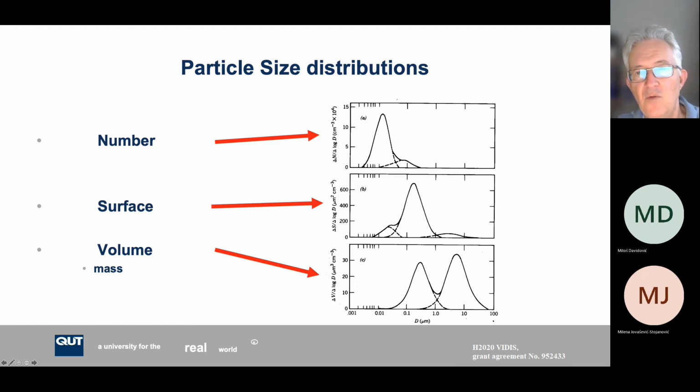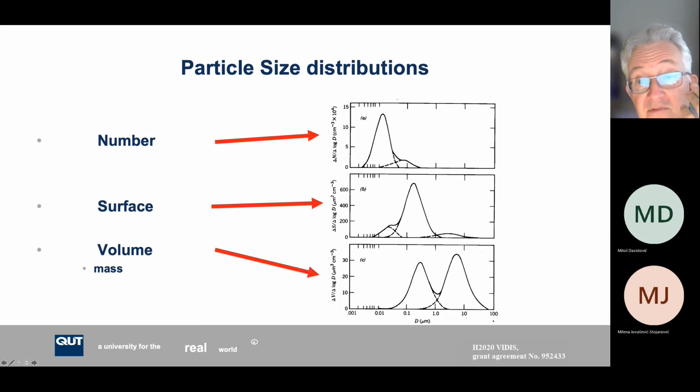But if we now plot for these same particles the surface area distribution, with the size of the particle on the x-axis and the surface area on the y-axis, we see that the mode moves to above 100 nanometers.